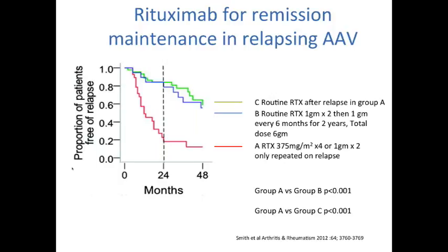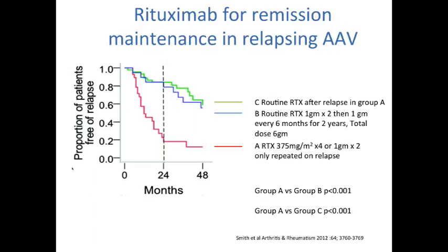This is some observational data from Rona Smith and David Jayne's group in Cambridge, looking at 2 of these strategies. Group A received rituximab, which was then only repeated on relapse. Group B is a group that was treated with 2 grams of rituximab and then received a gram of rituximab every 6 months for a total of 2 years, therefore receiving a total dose of 6 grams.